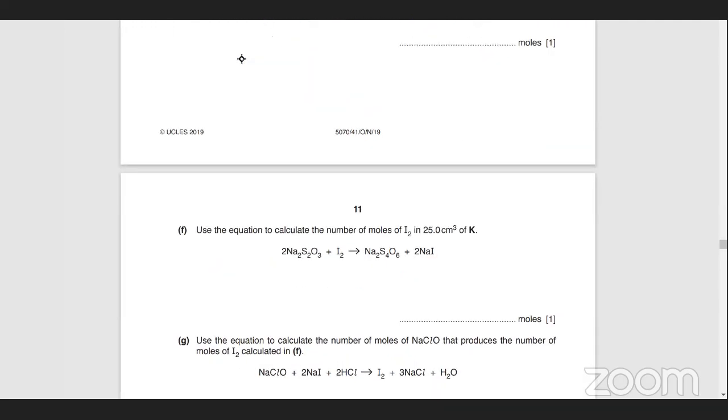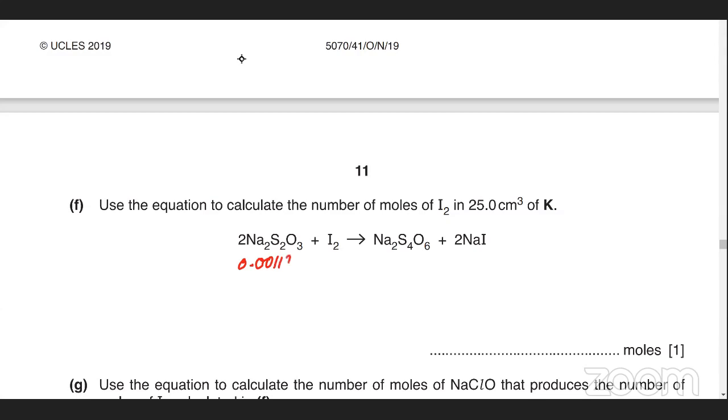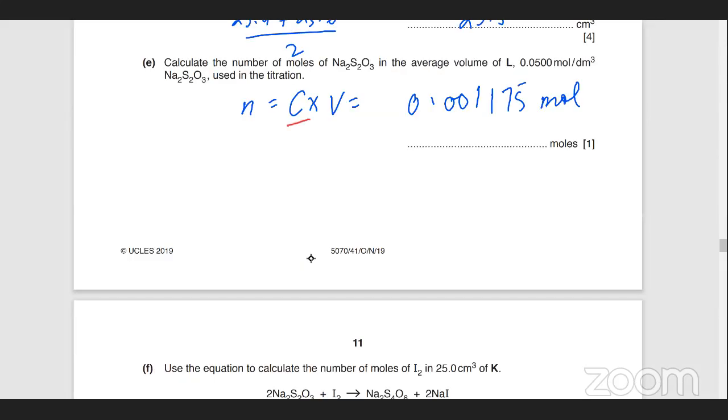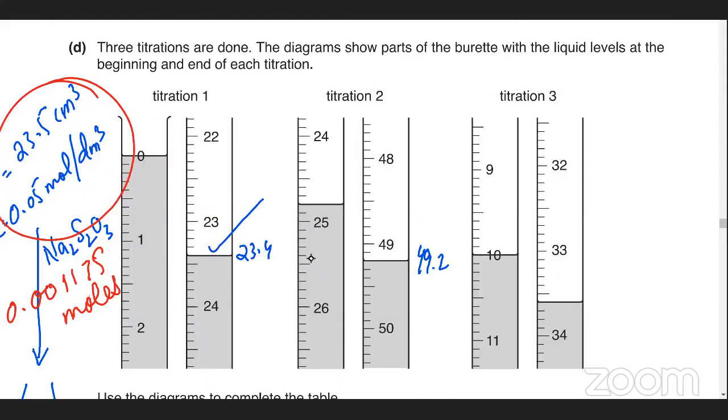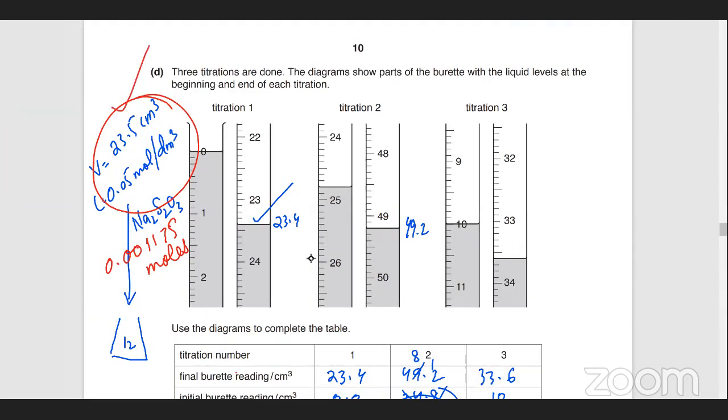Now they're saying the moles of sodium thiosulfate are found, 0.001175. Now, how are moles calculated? Moles come from this formula: concentration multiplied by volume, n is equal to C into V. Remember, the titration result has come, how much sodium thiosulfate is being added, that's 23.5 cm cube, and the concentration of sodium thiosulfate was already known. So if you know volume and concentration, multiply both and you'll get moles. n is equal to C into V. You can use ratios as well.